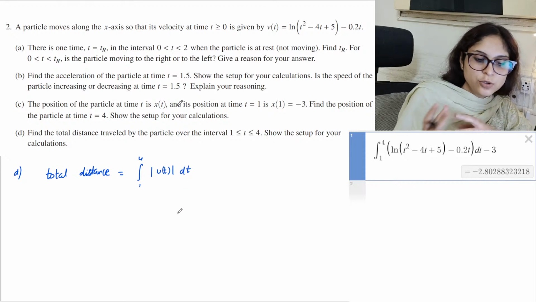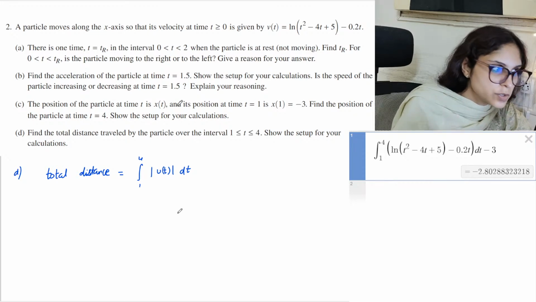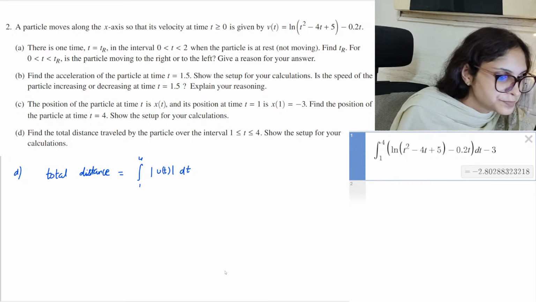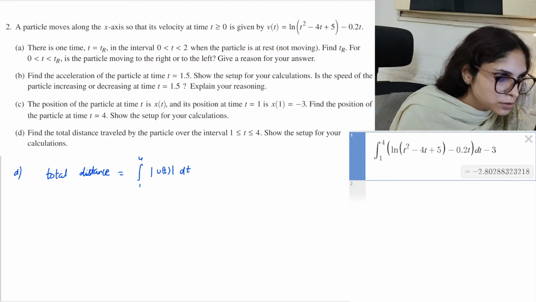Because it doesn't matter whether you're going back or moving forward, all that matters is that you have to add all the distances together. So now we'll just do that on Desmos.